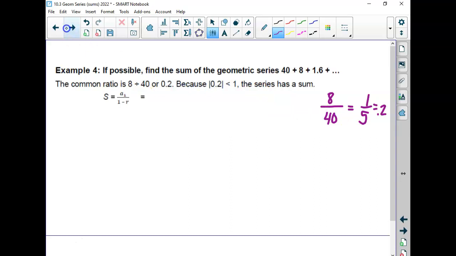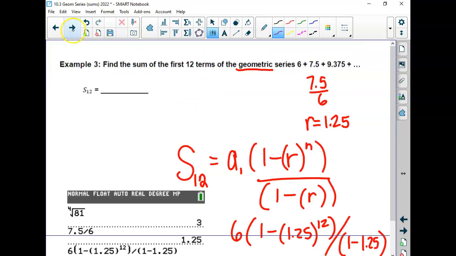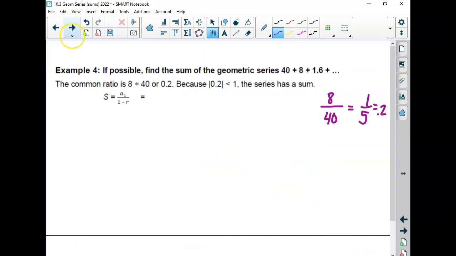If the absolute value of R is less than 1, okay, positive or negative number less than 1, the series is going to converge, which means it is approaching a certain number. In this case, it's going to approach 0, and therefore we can say what the sum would approach as well.